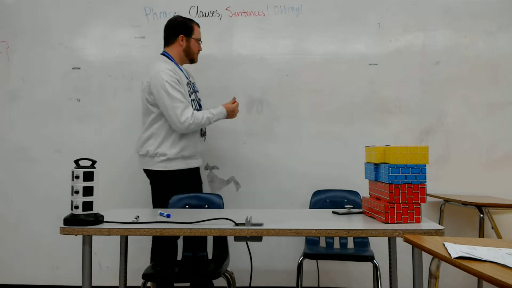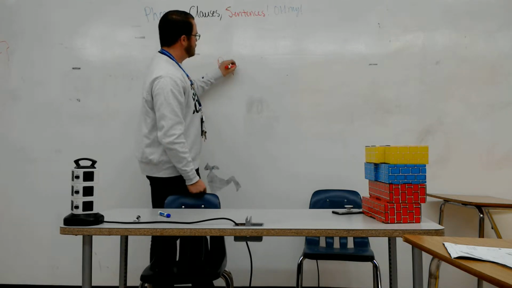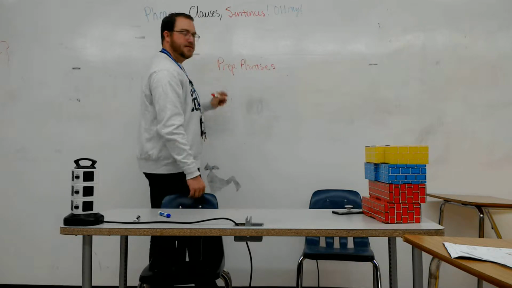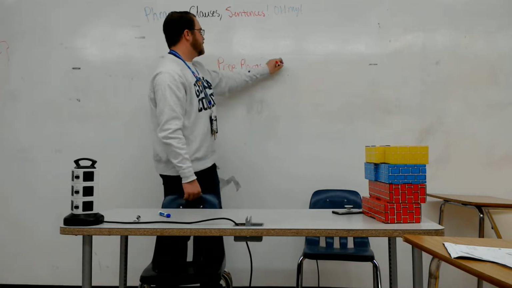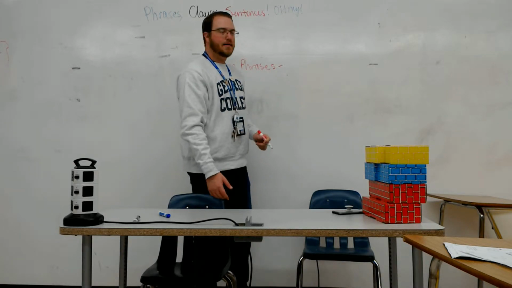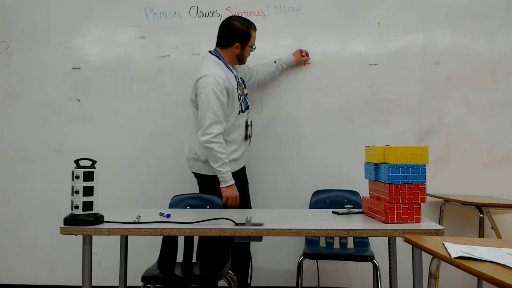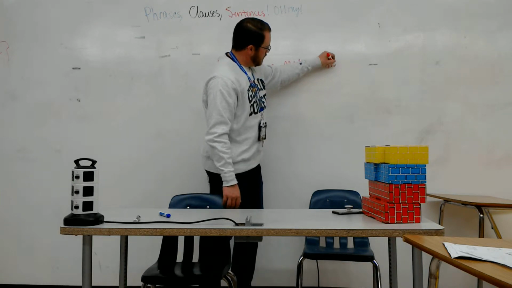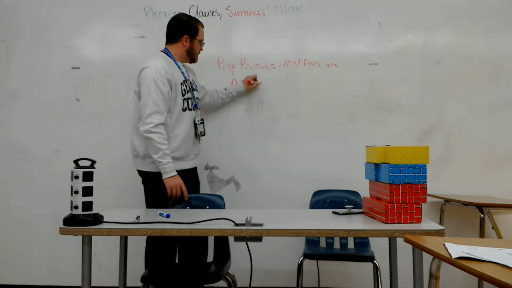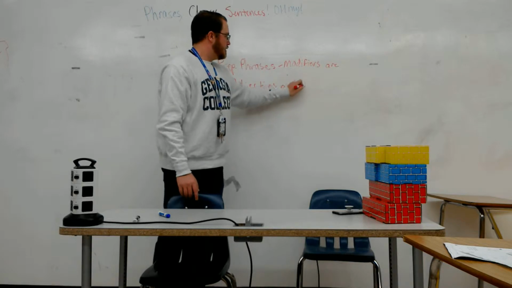Okay, so prepositional phrases are modifiers. They modify things. They tell us where, when, how, which one, what kind, all these different kinds of things. And modifiers are adjectives and adverbs.